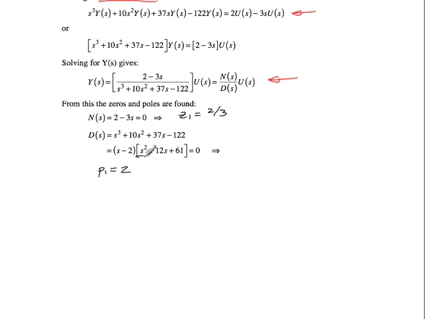And then we have the quadratic, which is going to give us poles 2 and 3. So that's going to be minus 12 plus or minus the square root of 12 squared minus 4 times 61, divided by 2. And you carry this out, you get minus 6 plus or minus 5j.